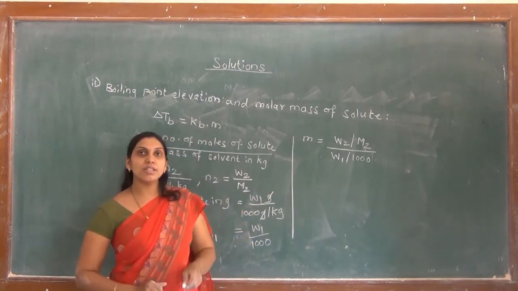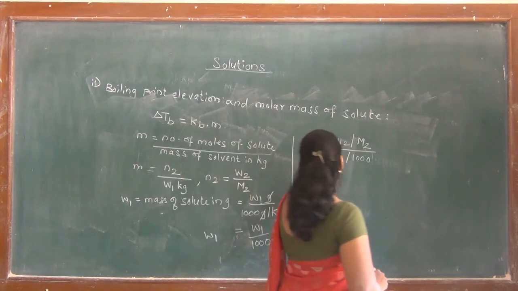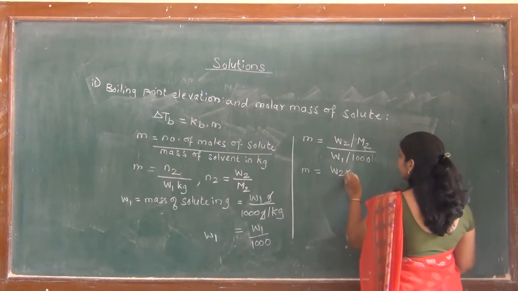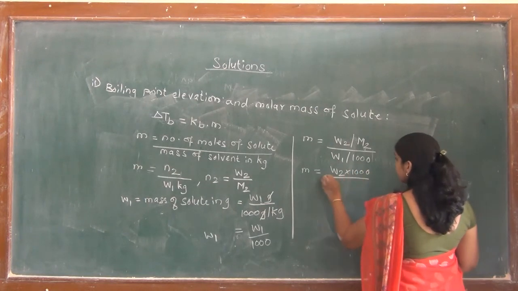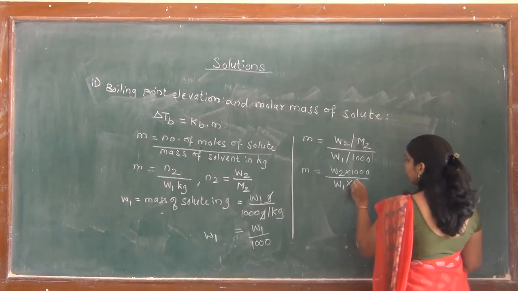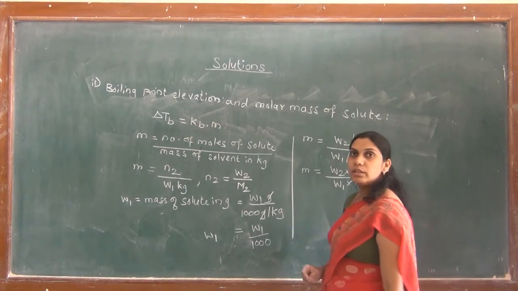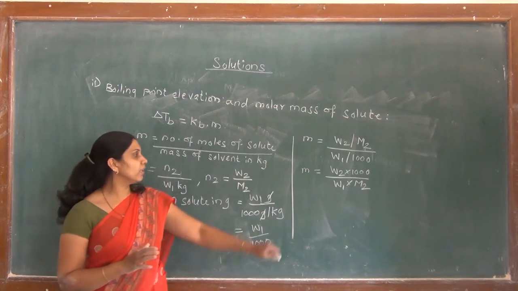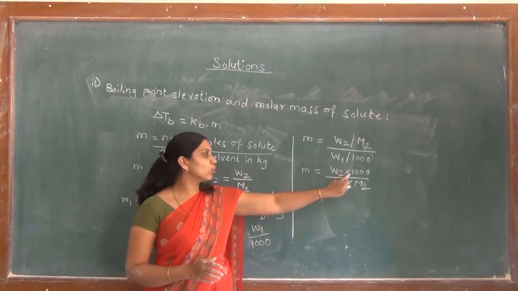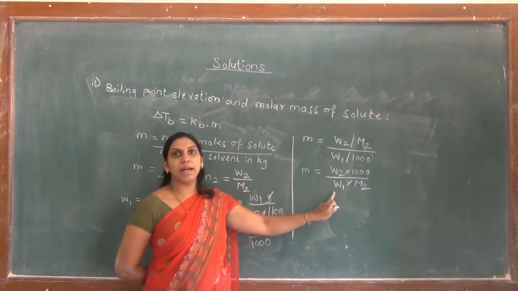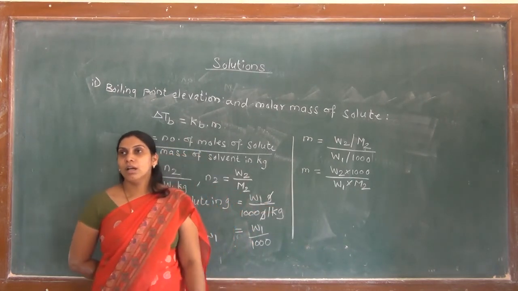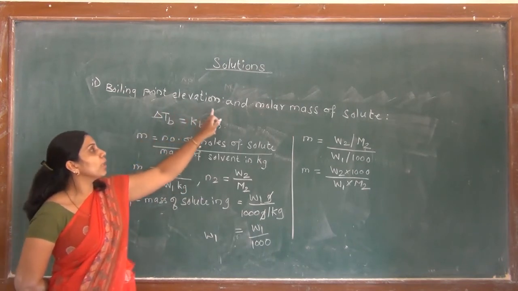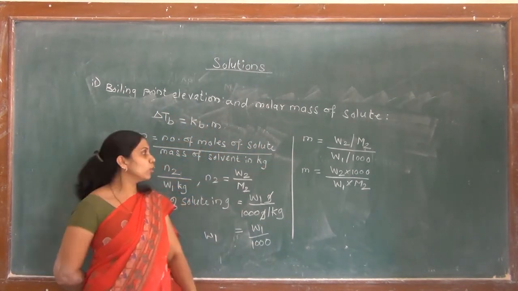We will rearrange this formula for molarity. So what we get is m is equal to W2 into 1000 divided by W1 into M2. We are studying the relationship between boiling point elevation and molar mass of solute.